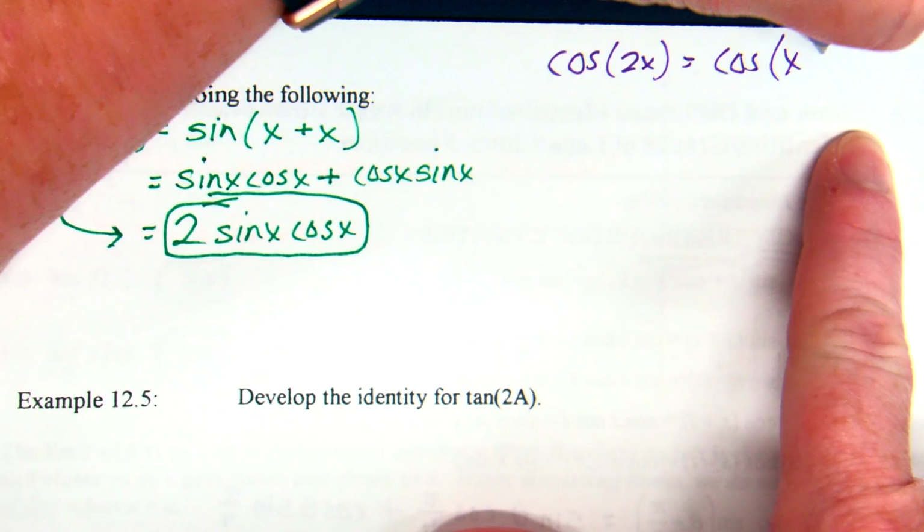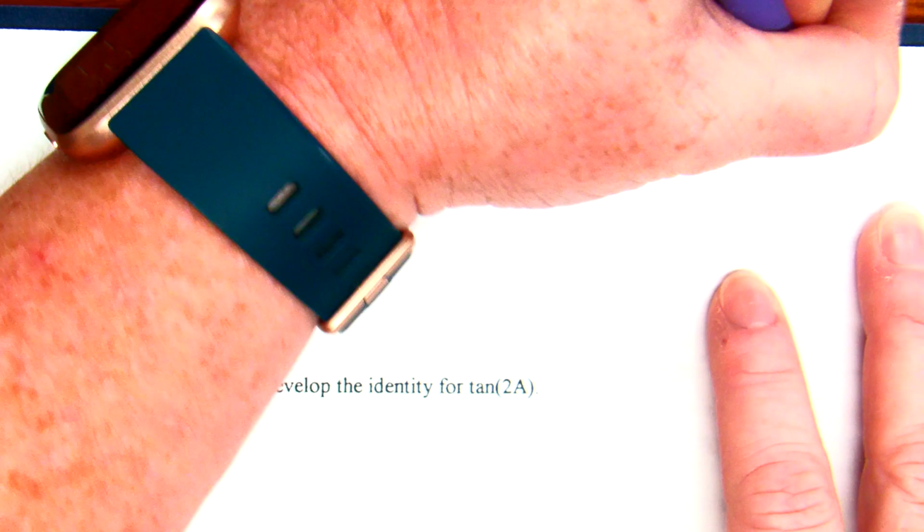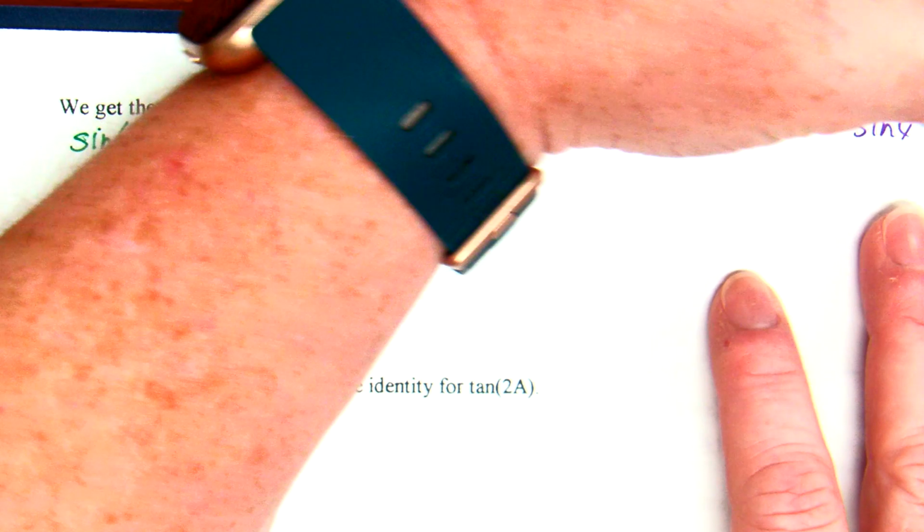And so if we use our sum or difference identity, cosine of x plus x is going to be cosine x cosine x minus sine x sine x.